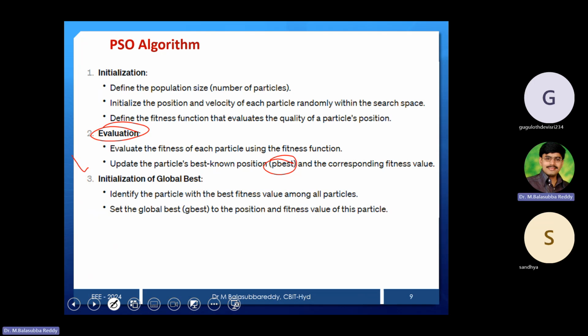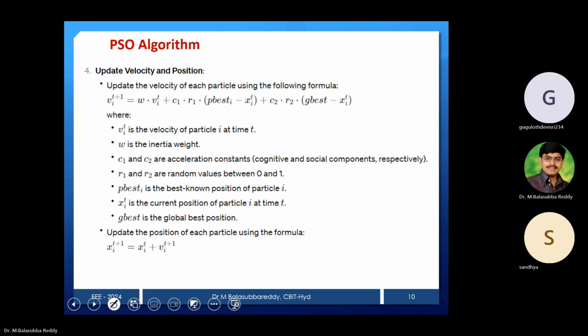In a population, based on the fitness, whoever has the best fitness, the corresponding population vector in that row, we treat it as the best solution. So now identify the particle with the best fitness value among all particles. Whatever best solution we identify, we call it the global best, setting it to the position and fitness value of this particle.